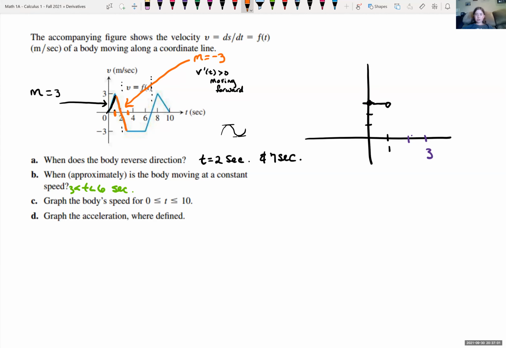The screen share, I think it's frozen. Of course, let's see. We're going to get fast at this. Let's see on 2 seconds.